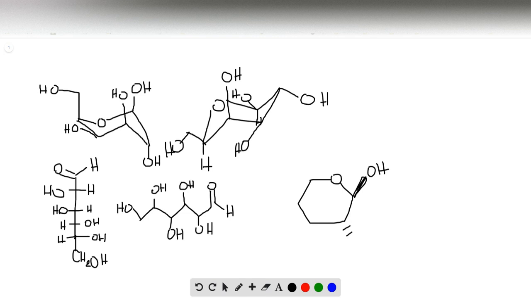OH up, OH down. And then maybe we do this one down. This one up. And this one up. Any way you draw it, as long as it's a different stereoisomer from this or glucose, is fine.